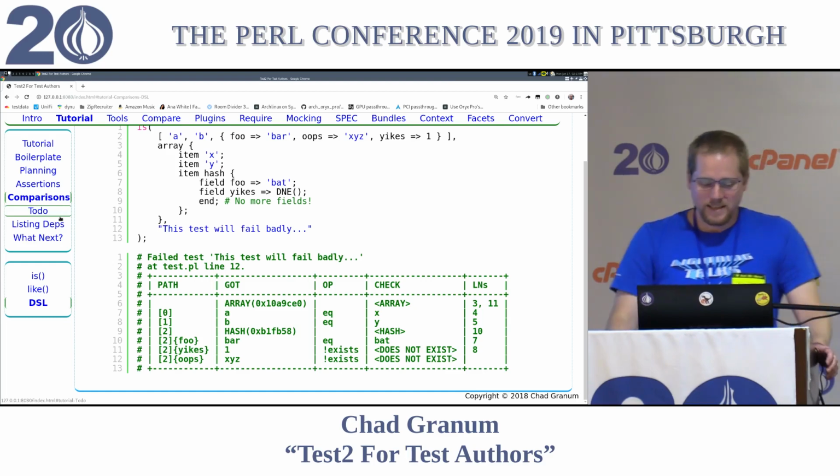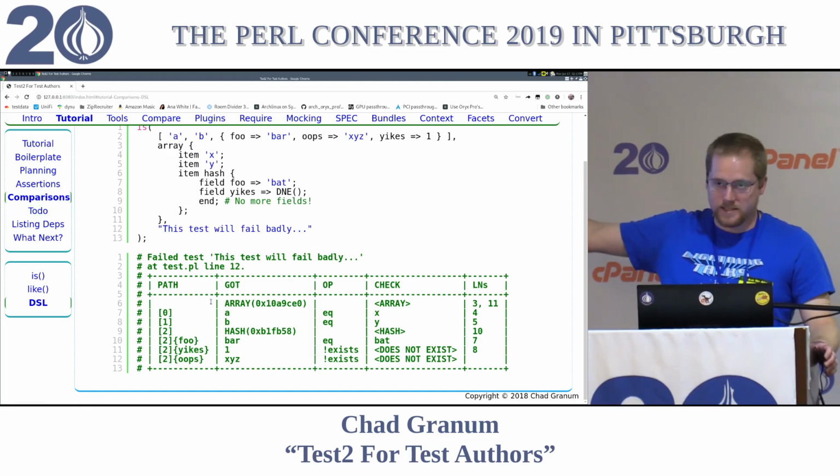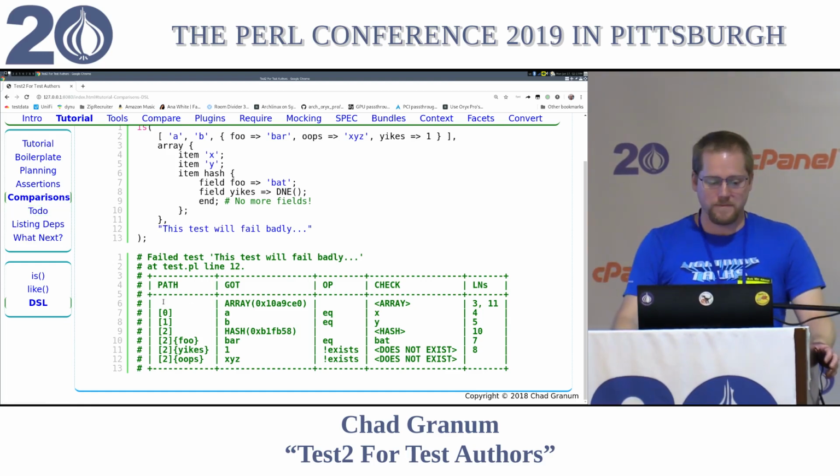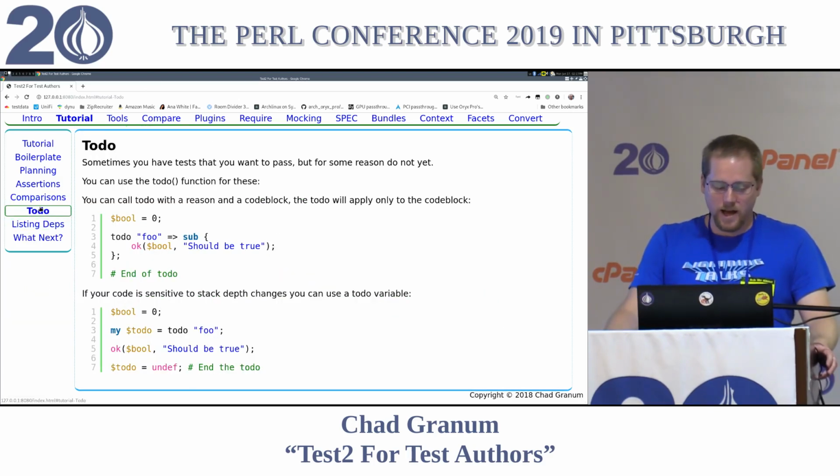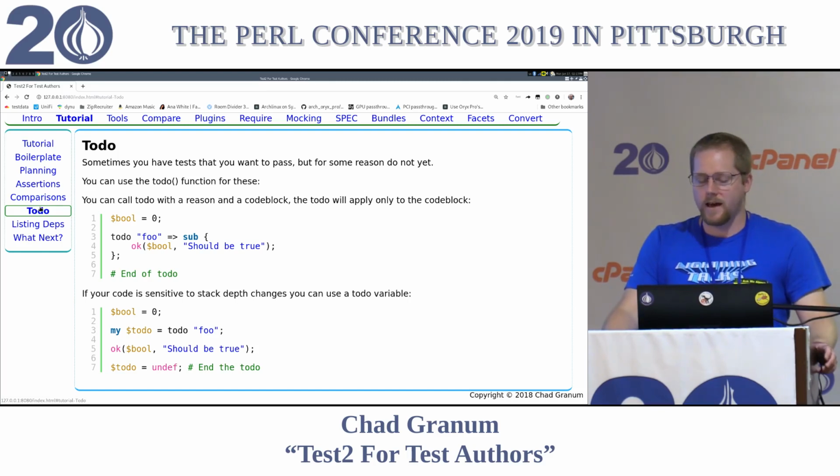No. Okay. So anyway, these are the kinds of diagnostics that Test2 provides, and one of the big reasons you might want to switch, like yesterday. To do, Test2 uses a different method of achieving to-do. With Test::More, you would localize the scoped variable called TODO. It was just kind of a weird interface.